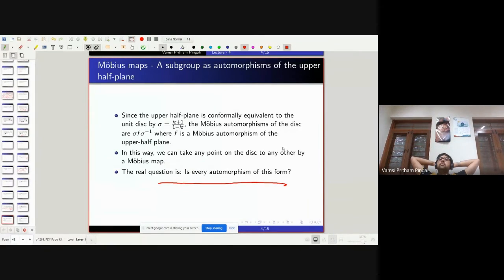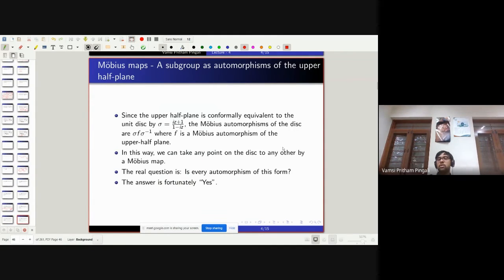Any automorphism of the Riemann sphere must be a Mobius map. Does the same hold true for the unit disk, or for the upper half plane, whichever, because both are conformally equivalent by means of a Mobius map? Okay. So this is the question we want to answer.